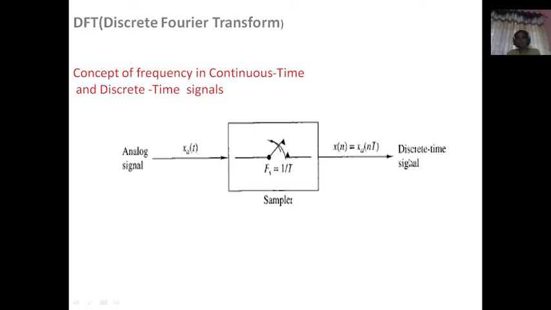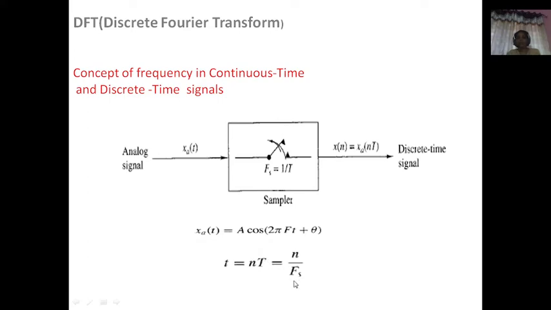Based on these discrete time signals, we can apply the Fourier transform. The analog signal is represented by x a of t, which is equivalent to A cos of 2 pi f t plus theta. Then at a time t equal to nT, we collect the samples, where T is the sampling time and 1 by Fs is the sampling rate.